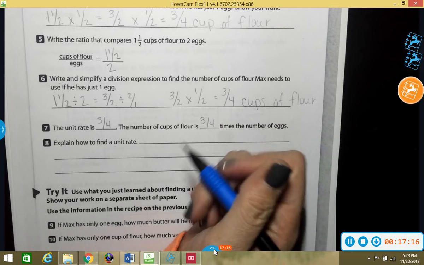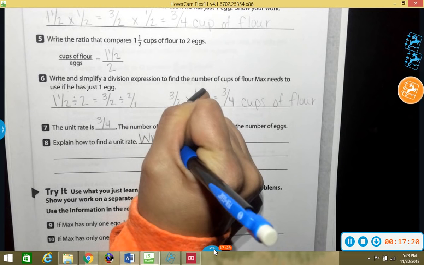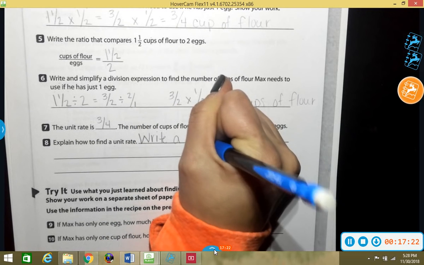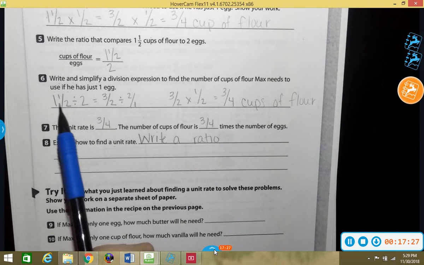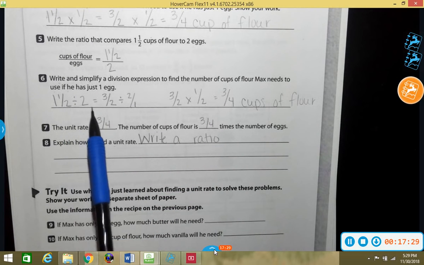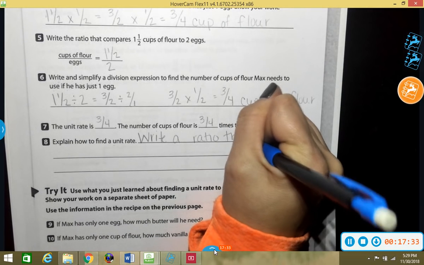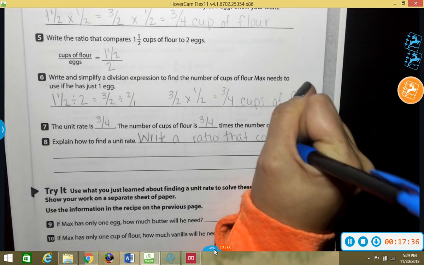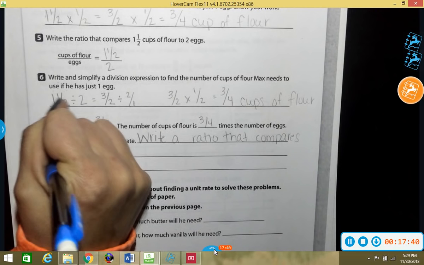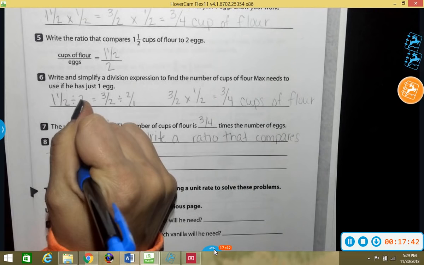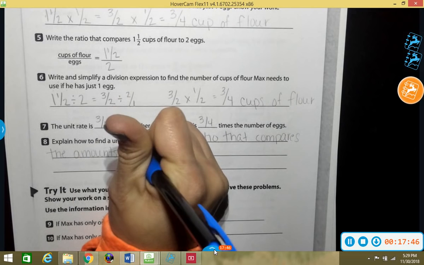Alright, so what you should have started out by saying is write a ratio, which is what this 1.5 divided by 2 is. It's a ratio. The ratio that compares the amounts in the problem.